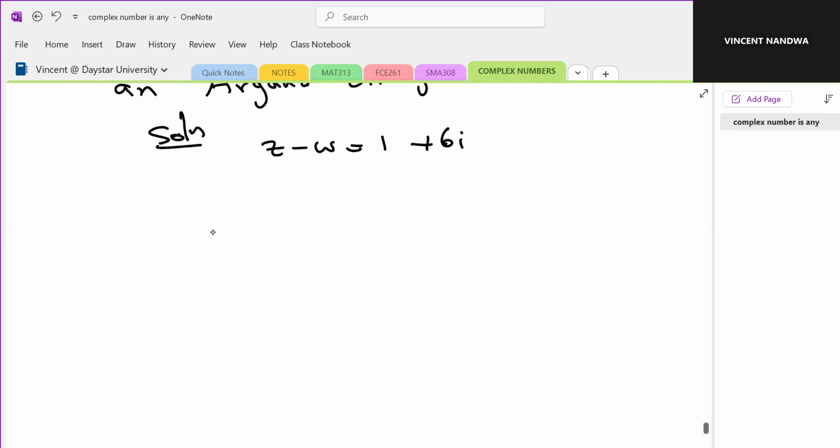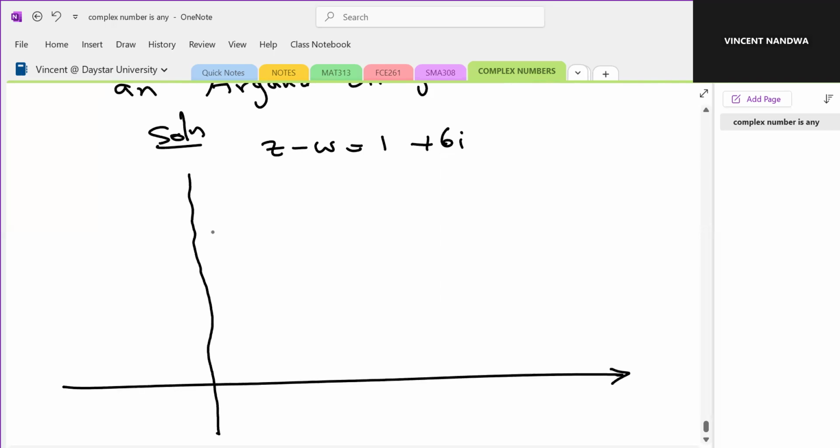So then, if this is our vertical, the imaginary axis, and this is the real axis.